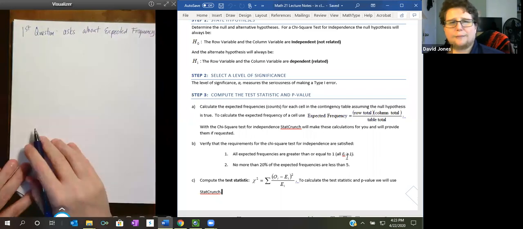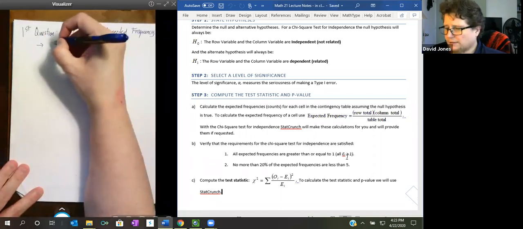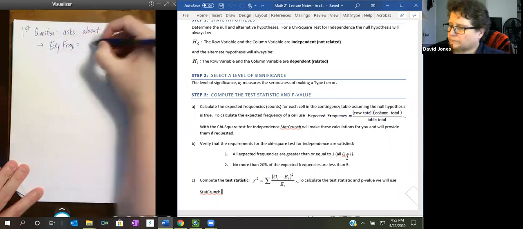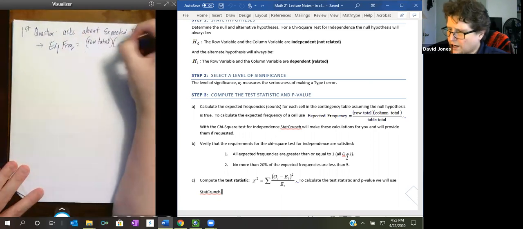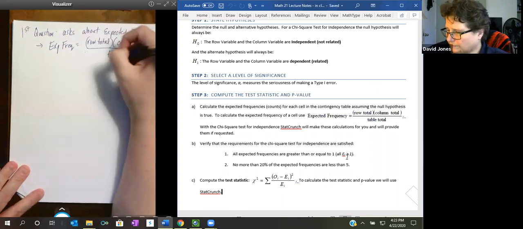When you're working it out by hand, this is row total times column total divided by table total.